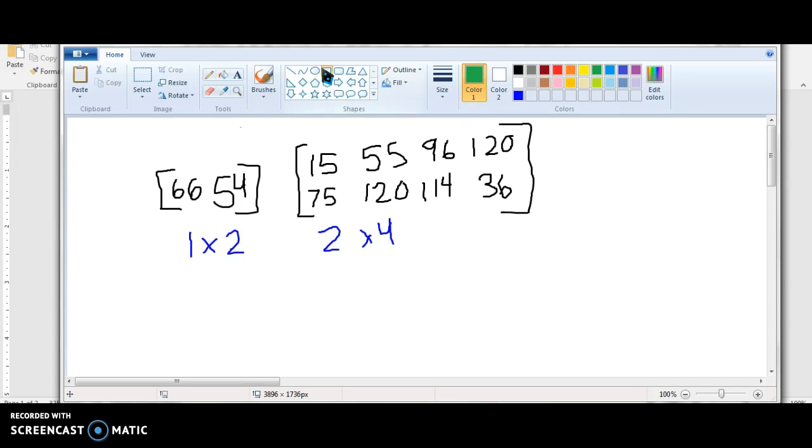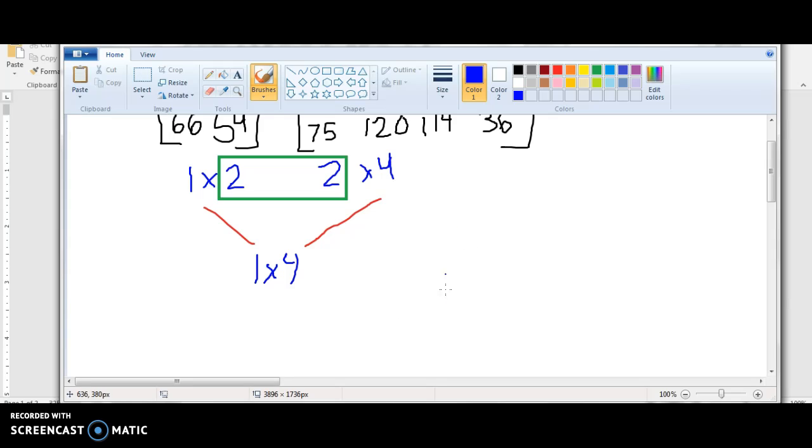This tells us we can multiply. Then we're going to bring these numbers down, and the matrix we're going to be doing is a 1 by 4. Nice and easy, like that.